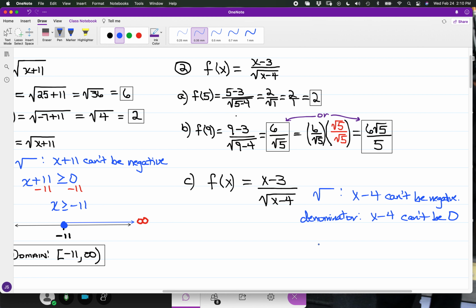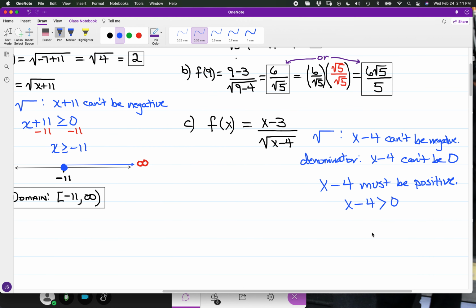So it can't be negative and can't be 0, which means x minus 4 has to be positive. Setting this up as an inequality, we have x minus 4 is greater than 0. And so if x minus 4 is greater than 0, then x has to be greater than 4.